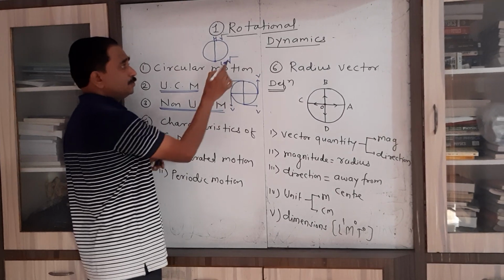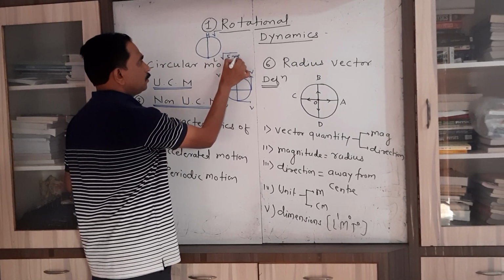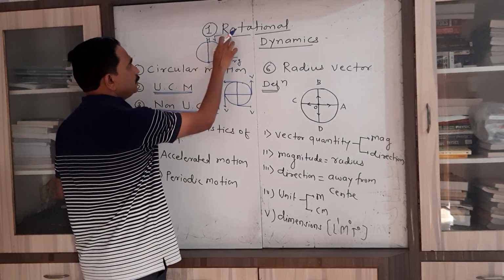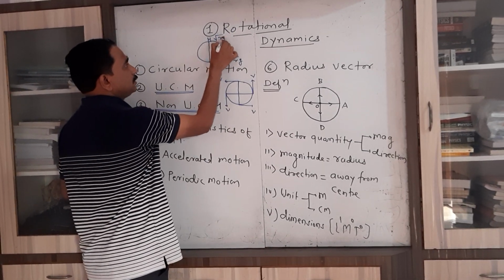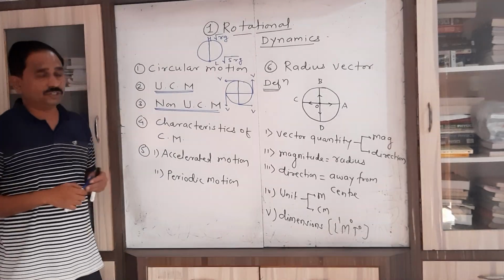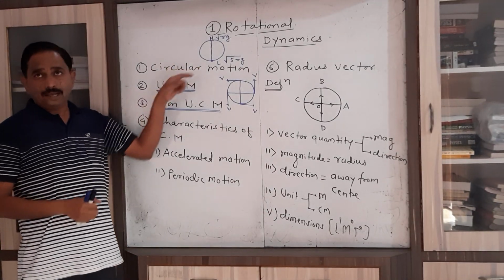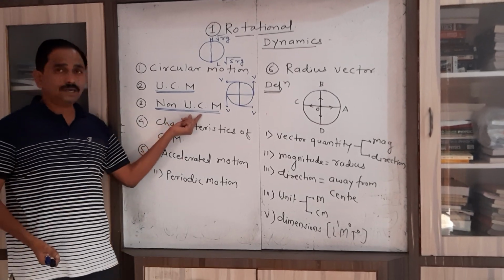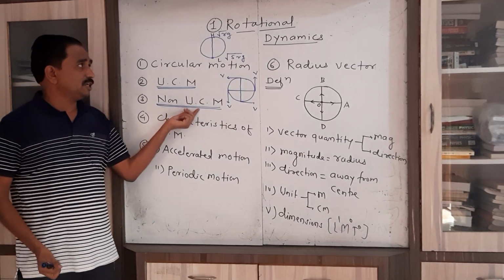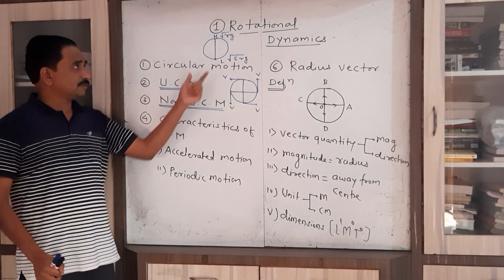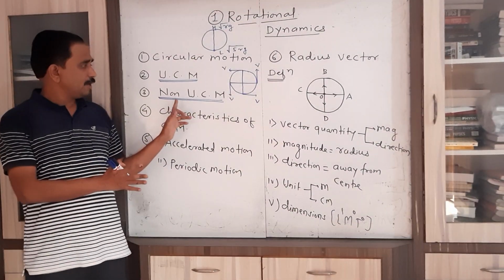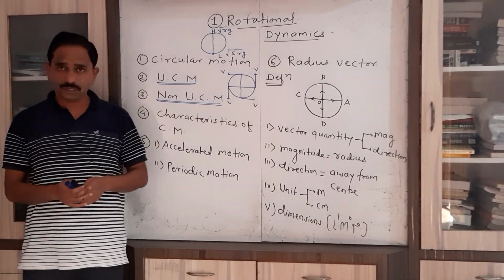At the lowest position, its speed is under root of 5rg, and at the highest position, its speed is simply under root of rg. It means when that object performs vertical circular motion, there is a change in speed also. That's why vertical circular motion is an example of non-uniform circular motion.